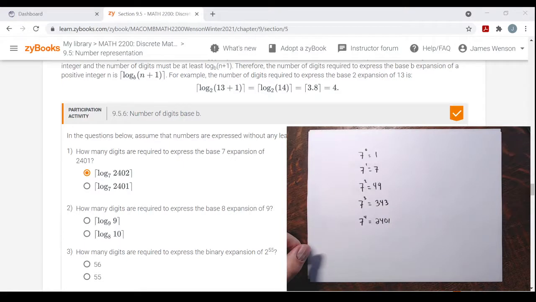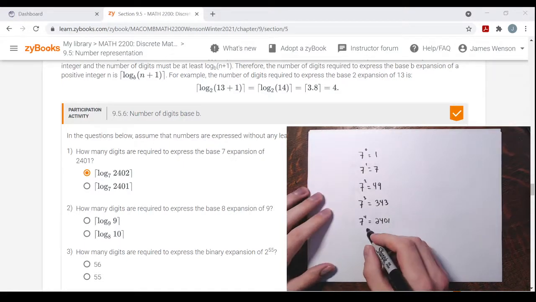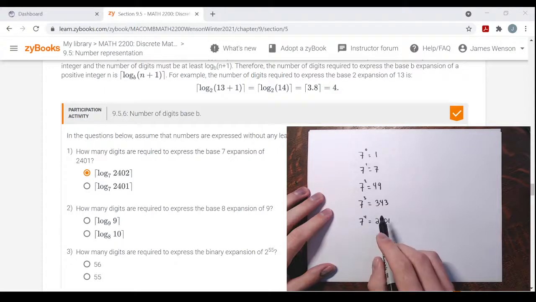Right. So 7 to the fifth would be a lot bigger. It'd be 14,000 something. No, it'd be more like 16,000 something.